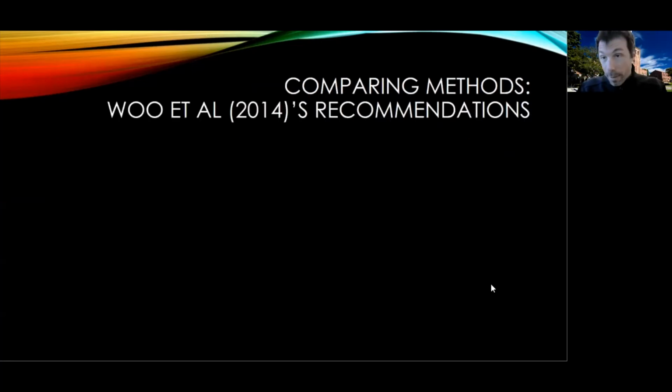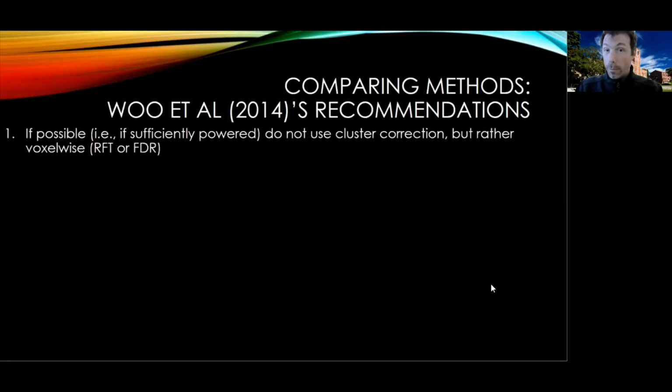So their recommendations overall, which I don't necessarily agree entirely with, is, if possible, don't use cluster correction, always use voxel-wise correction. I would oppose that, but you should make up your mind. Random field theory, voxel-wise, is extremely conservative and does control well for type 1 error, but exposes you to giant type 2 error, so false negatives.